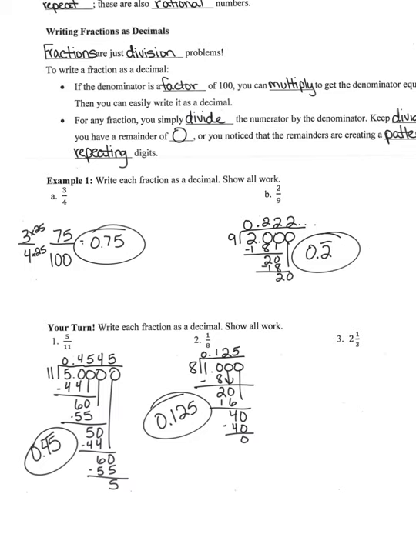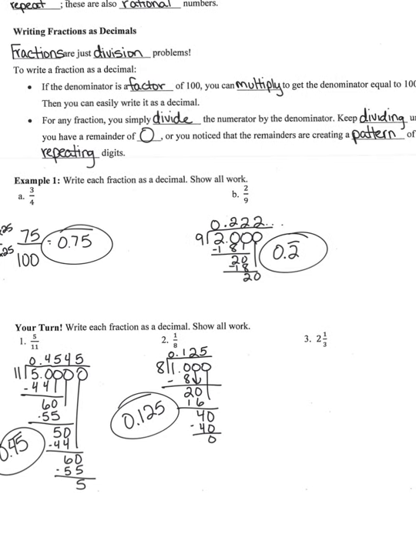And our last one here, we have a mixed number. Just because we have a mixed number, it doesn't change the way that we work it out, because we know in a decimal, any digit to the left of the decimal point is a whole number. So I'm already going to put a 2 point, and I am just going to work with 1/3. 3 goes into 1 0 times. 3 goes into 10 3 times. 3 goes into 10 3 times.